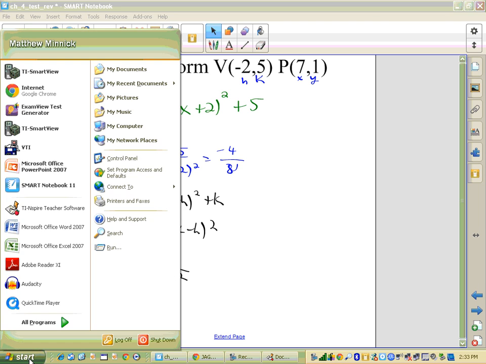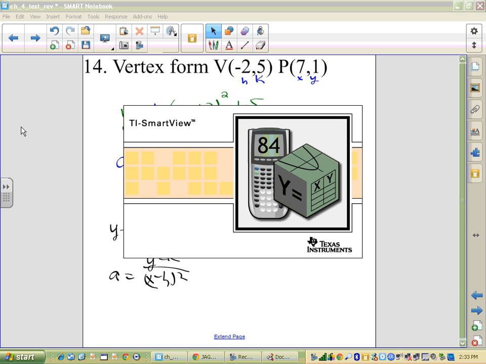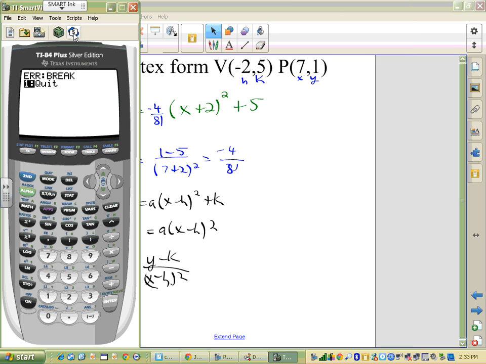There's some doubters out there thinking that I'm making mistakes as I do this and just trying to show off and pretend as though I know what I'm talking about, and I don't. But let's see. So y equals -4/81 times a group of x plus 2 squared plus 5.